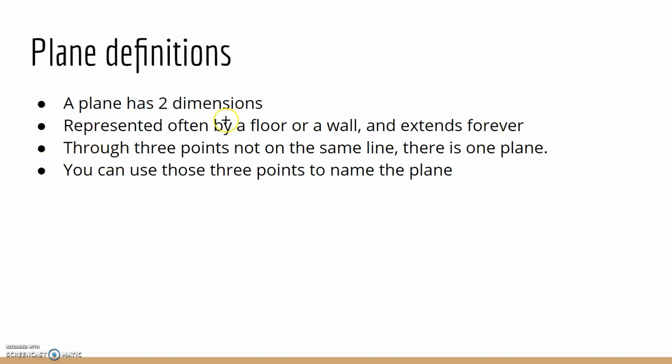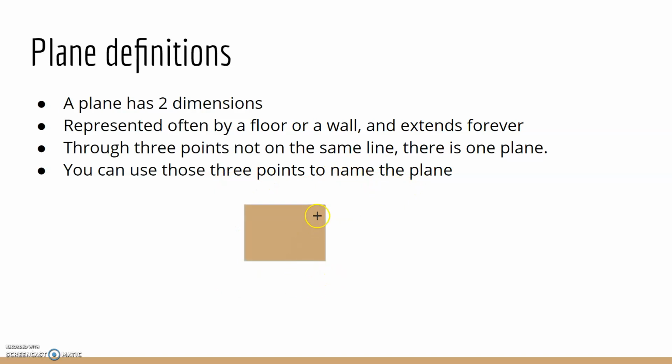A corollary that relates to planes is that through any 3 points not on the same line, there is one plane. So for example, if there are 2 points on a line and then 1 point outside the line, there's one plane. Using that corollary's information, we can use those 3 points to name the plane.